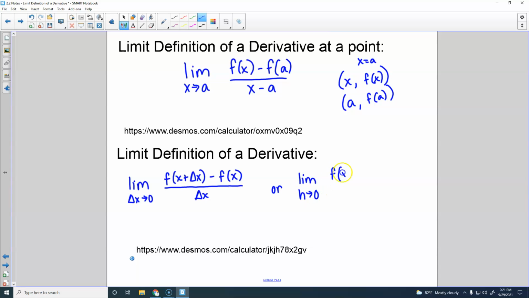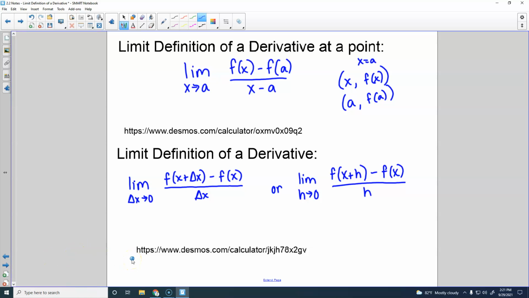So this is the same thing as the other formula, but instead of using a delta x, all the delta x's are h's. AP typically uses h's on most of the things I've seen from recent years. So we'll use that some, but since our textbook uses delta x's, I wanted to show you both.